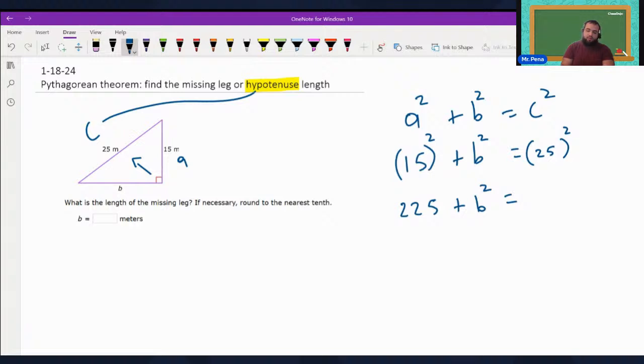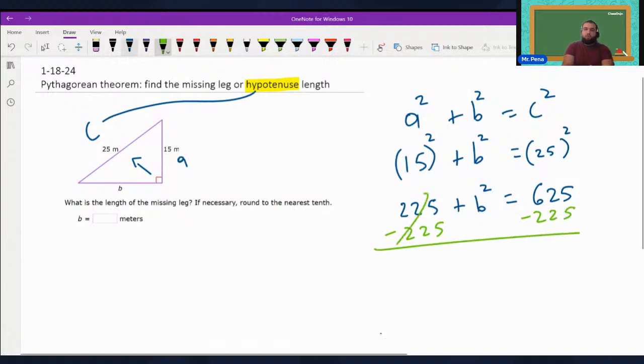And then we're going to do 25 times 25, which is 625. Now, we want to move our numbers with our numbers. So we get B squared equals 625 minus 225, which is 400. B squared equals 400.